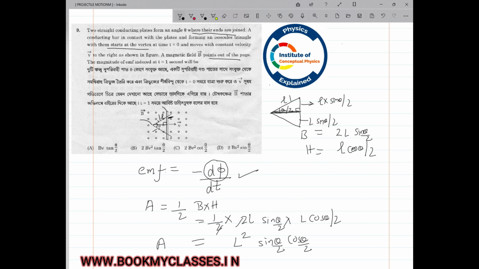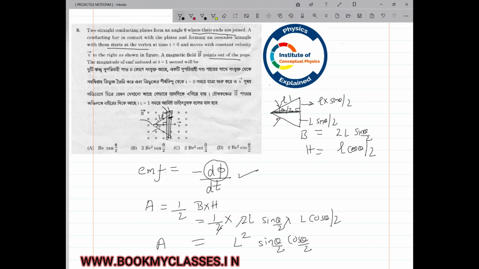So this particular bar is moving. These two are not moving, they are fixed. As the bar moves, the area of the triangle will continuously increase. If the bar comes here, the area swept increases, right? So basically the change in area is responsible for the EMF inducement.